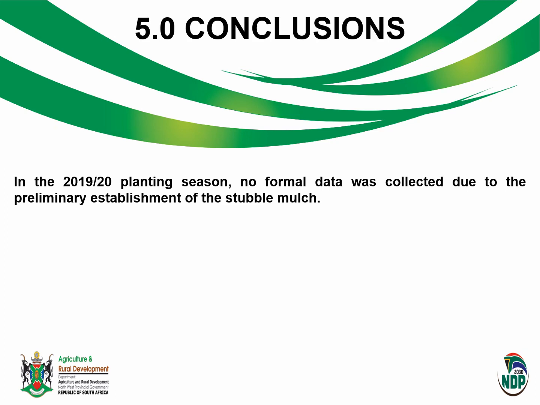Conclusion. In the 2019-2020 planting season, no formal data was collected due to the establishment of the stable mulch. This is because the trial only started in December last year.